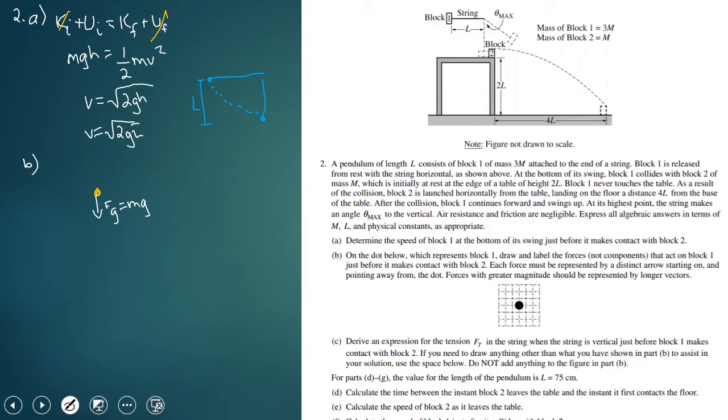But then there's also going to be a force of tension bigger than the force of gravity. Sorry, my line isn't very straight, but there is going to be a force of tension. Why? Because the object is being suspended in its circular motion by the pendulum without falling off, right? So if you look at the diagram, it hits block 2, it's still suspended in its pendular motion.